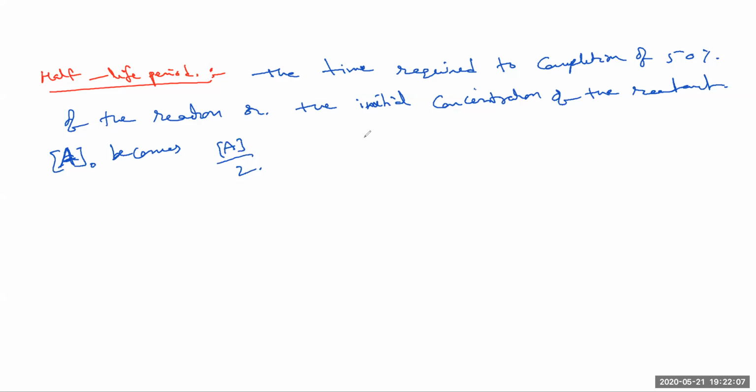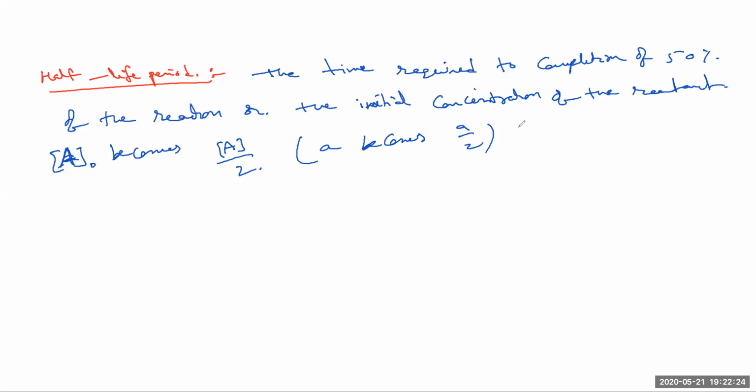So the initial concentration A becomes A by 2, or change in concentration A by 2. That is the half-life period. For zero order reaction, what is the zero order reaction?